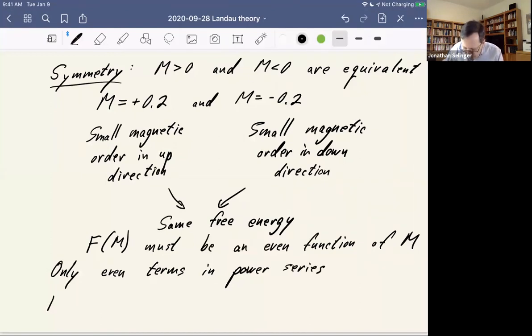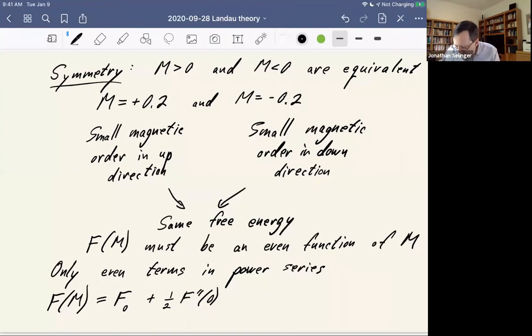So that would tell us f of m could be the 0th order term plus no first order term. So then there could be the 2nd order term.